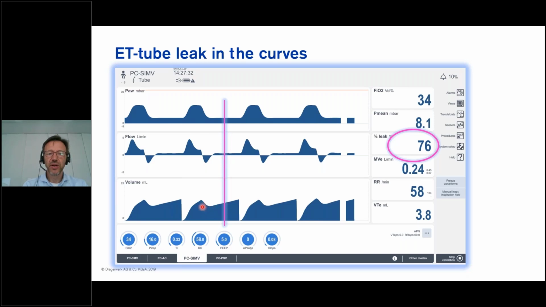So look here, this is the inspiratory tidal volume. This was the expiratory tidal volume until this point here. And here now, the ventilator sees positive flow, which is escaping through the leak. This is integrated, and therefore this volume curve goes up more and more. It's only reset shortly before the next inspiration, so at this point it is reset to 0 when the next inspiration happens.